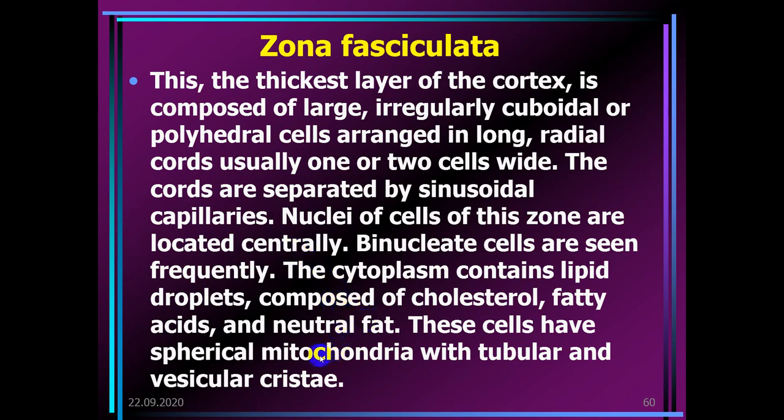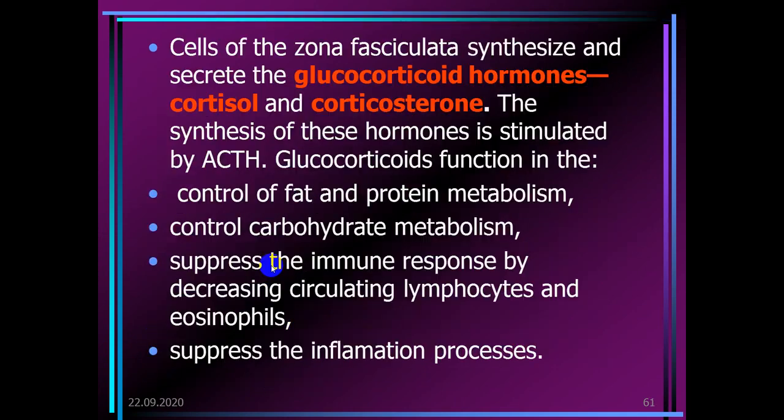In the cytoplasm we can also find a lot of fatty acids, neutral fat and lipid droplets. These cells of zona fasciculata secrete another lipid-soluble steroid hormone, a family of glucocorticoid hormones. The main ones are cortisol and corticosterone.